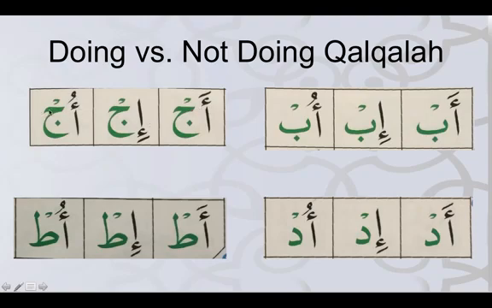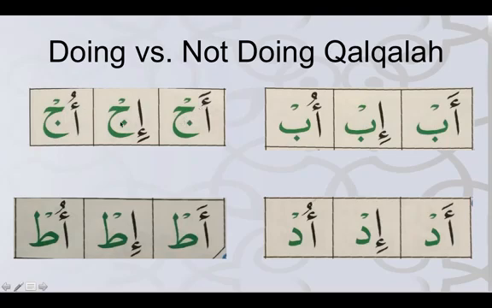Hamza Dhamma Jim Sukoon, Uj. Aj, Ij, Uj. But if I were to pronounce it incorrectly, this is how it would sound. Ad, id, ud. Because I didn't bounce or echo the sound, it's almost impossible for you to tell that I even pronounced the Jim. I didn't echo it.